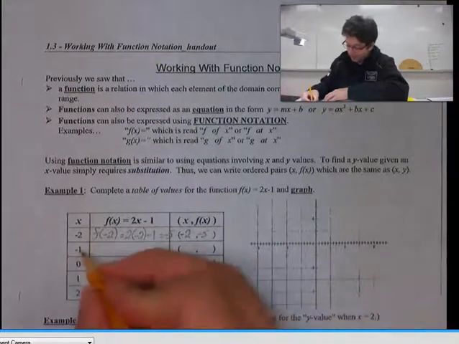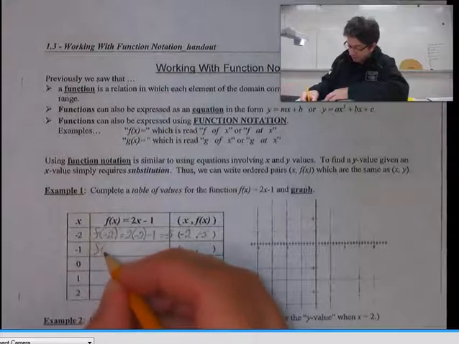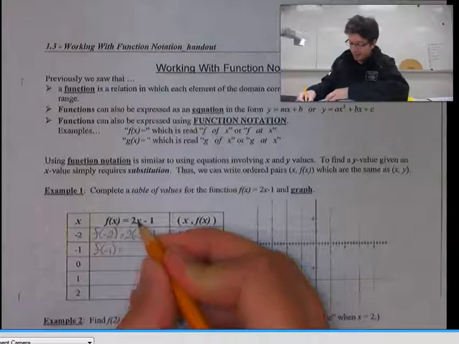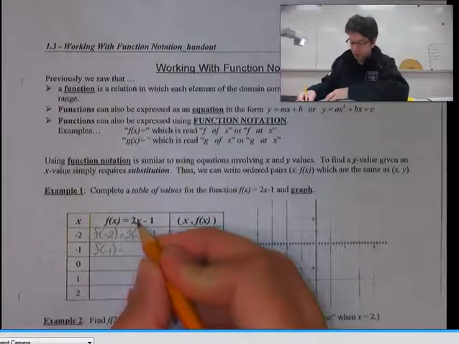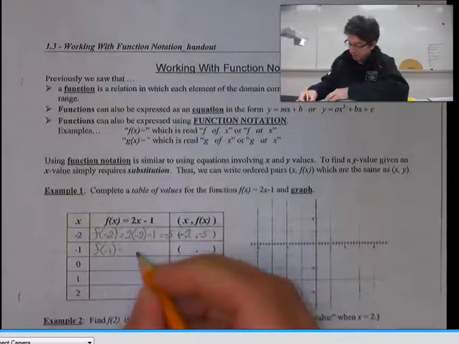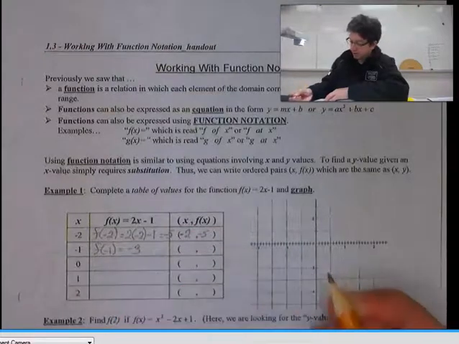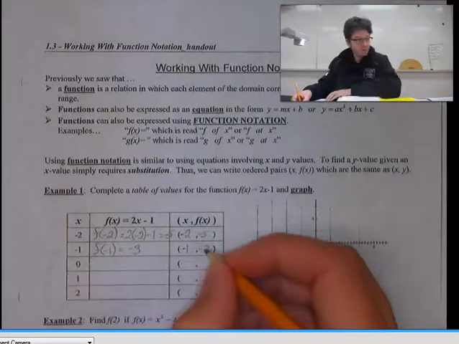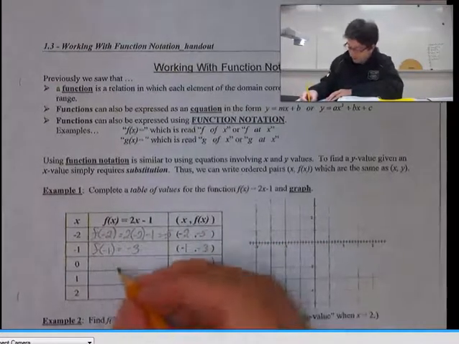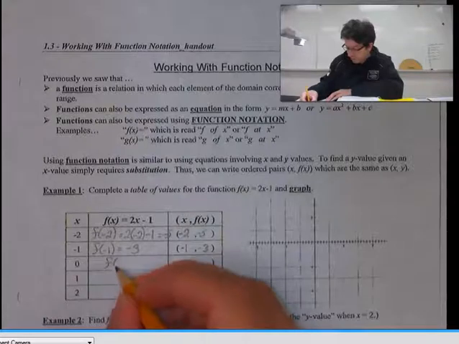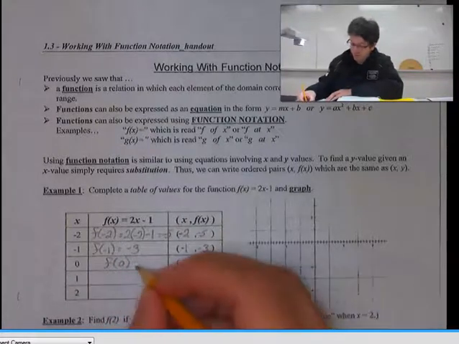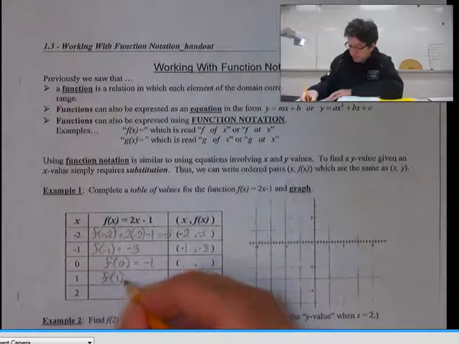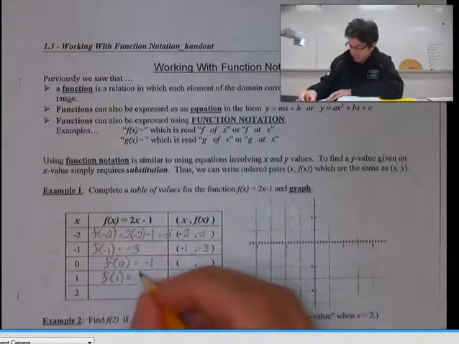And we can keep doing it. So f at negative 1: if you substitute negative 1 in for x, you get 2 times negative 1, which is negative 2, minus 1, negative 3. So our coordinate pair is minus 1, minus 3. We can keep doing this for every point, just like a regular table of values that we've done many times before, but this time we're using function notation to do it.